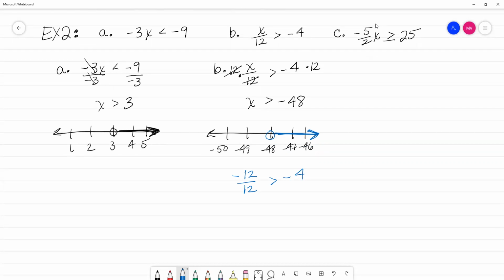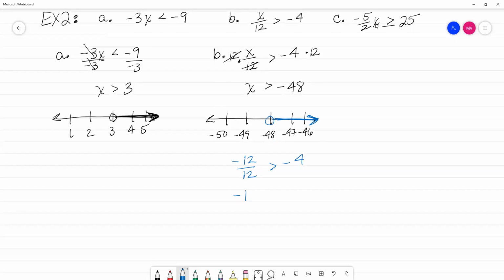What's negative 12 divided by 12? Negative 1. Is that greater than negative 4? You look confused. Yeah, you know what I did? We're good. I'm just picking something, and I know in my original problem I have to divide, so I'm going to pick something that 12 divides into, so I'm not working with crazy fractions.